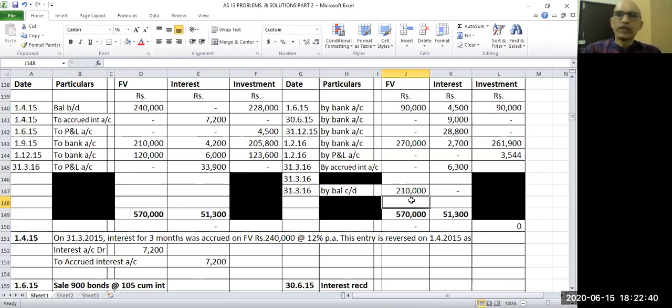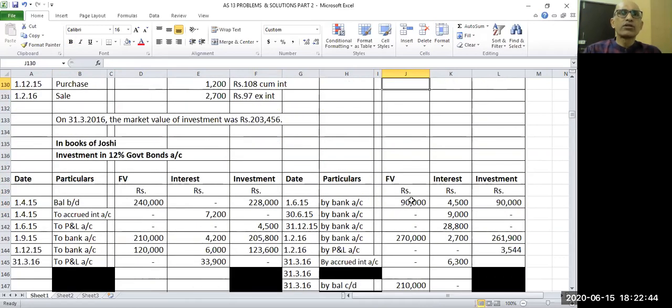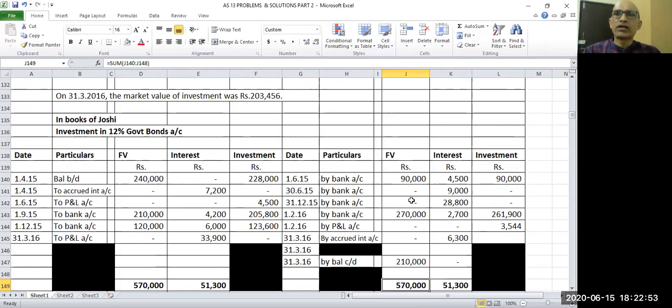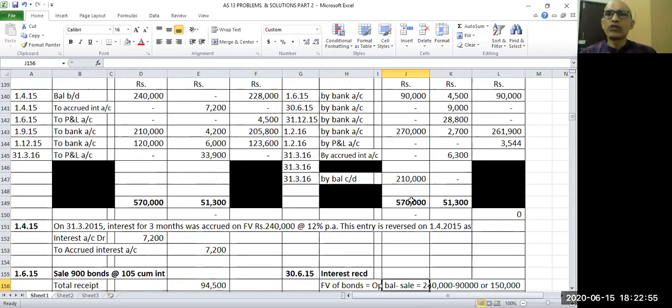Now, one very important piece of information is given over here, and that is that the market value of investment is 2,03,456. Before you account for this market value, you have to find out the cost of these bonds.